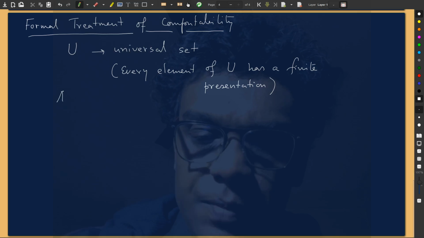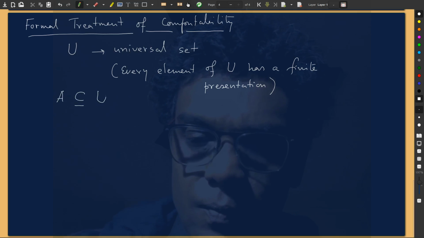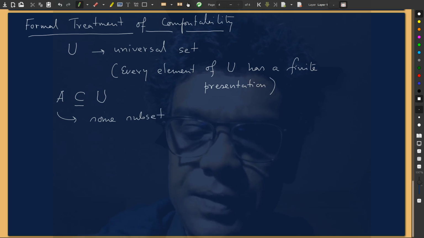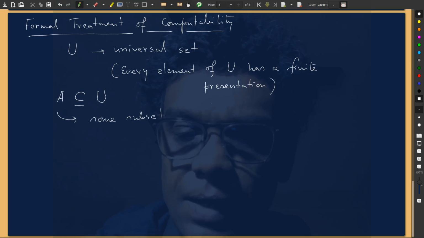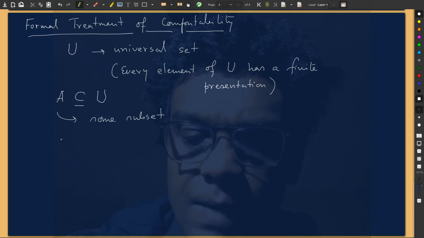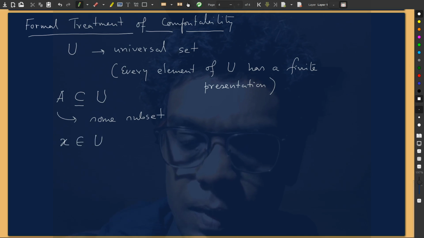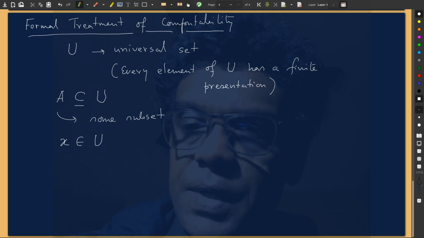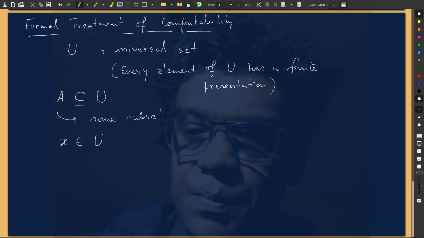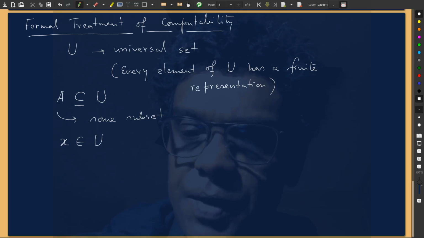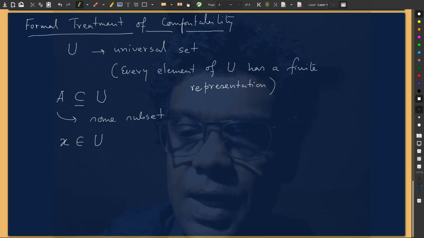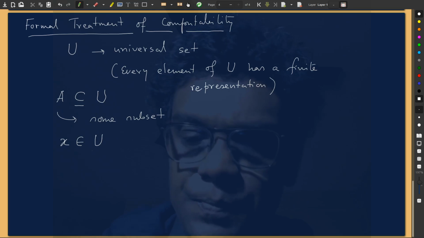And you are given some subset A of U. Some subset. How you specify A is an interesting and important thing. I will come to that next. And then you are given an element x in U. Formally, since every element of U has a finite representation, x in particular also has a finite representation.